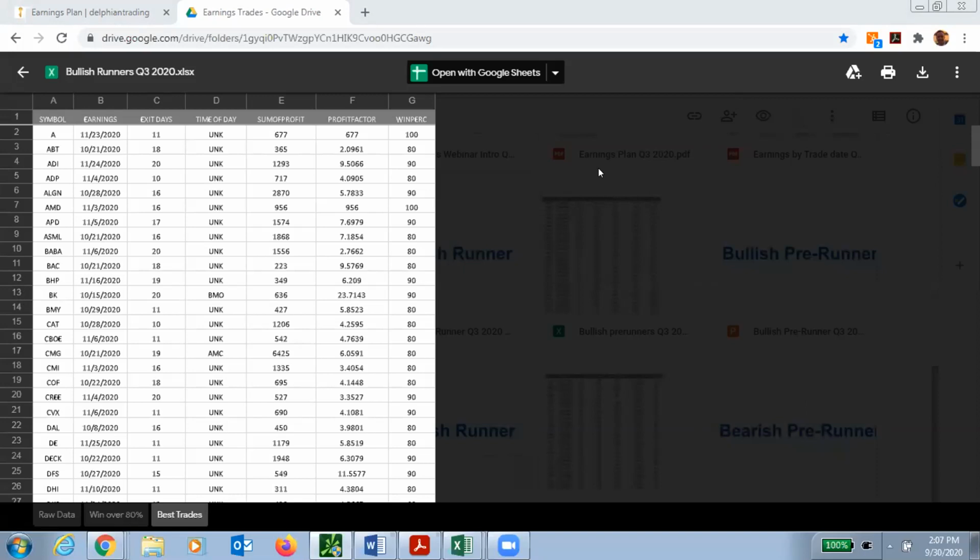But I want to comment about bid-ask spreads when they're wide. I think that really depends upon the strategy that you have and how much you have to manage the trade afterward.